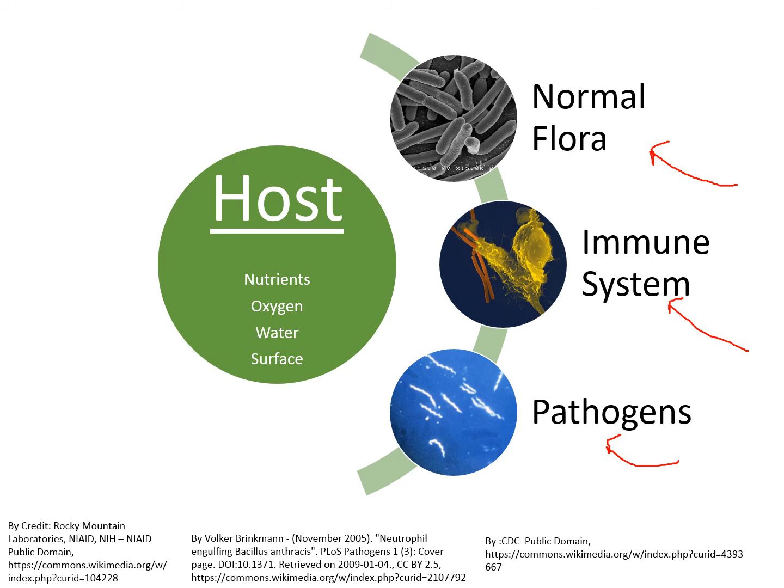So if a pathogen makes it past our resistance and makes it past the normal flora, an infection or disease might result. Now, if you're a pathogen, you have three main goals. The first goal is to get nutrients from your host, even if it means damaging the host to release those nutrients.